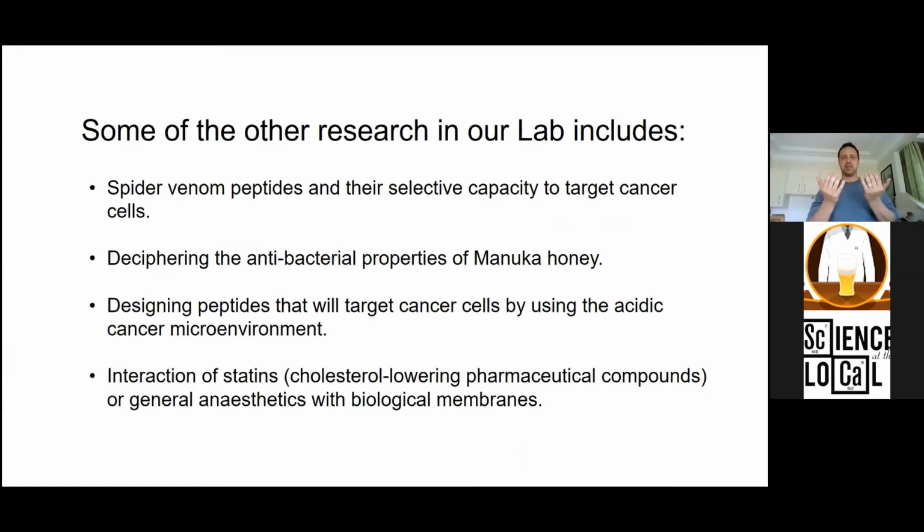And we can use our tethered bilayers, and she can use her molecular dynamic simulations to do analysis of that. Evelyn's also looking at antimicrobial properties of honey, particularly manuka honey, because it's been shown that manuka honey is very bactericidal. And so we're taking apart the components of the honey and seeing which components in that honey are the actual parts that might interact with bacterial membranes.